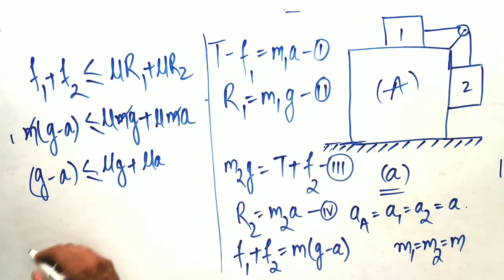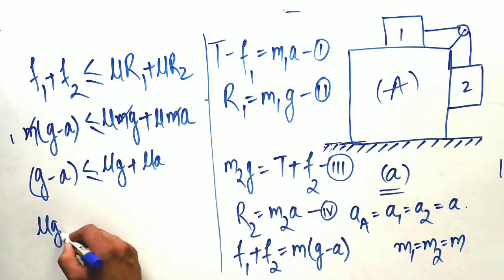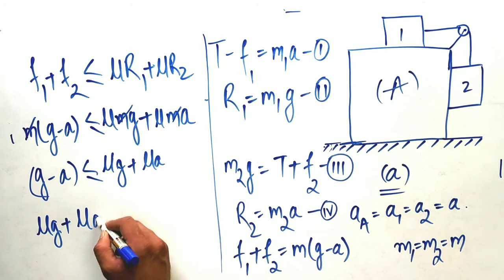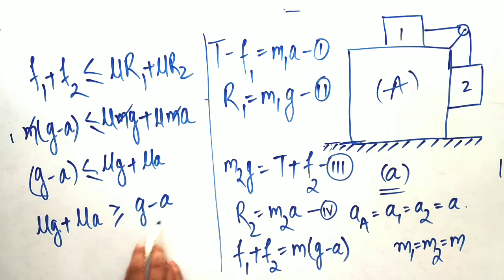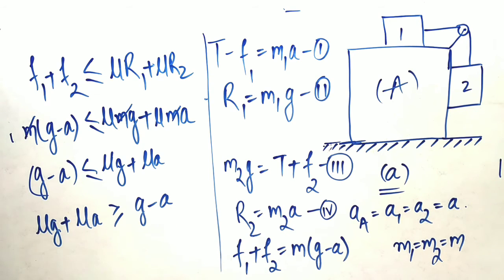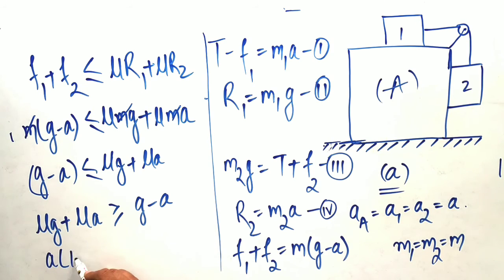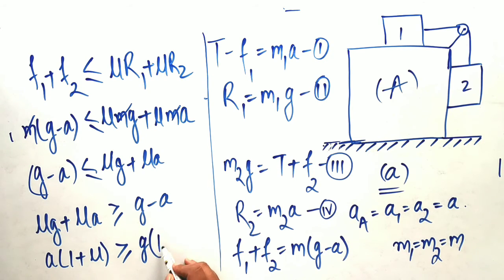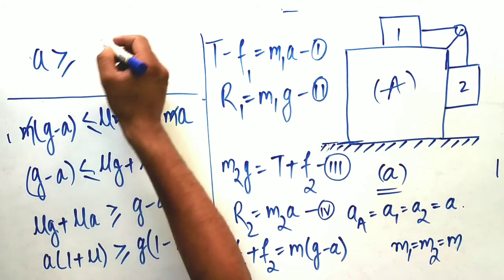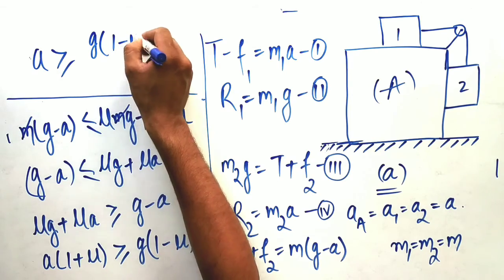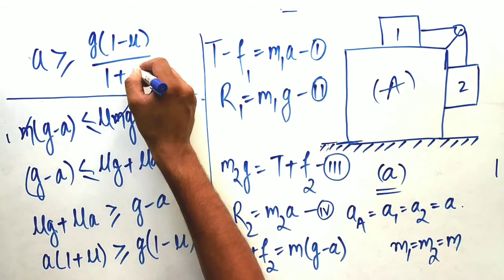This can also be written as mu g plus mu a is greater than or equal to g minus a. We'll bring a here and we'll take mu g to the right, which will give us a times 1 plus mu is greater than or equal to g times 1 minus mu. This gives us a is greater than or equal to g times 1 minus mu divided by 1 plus mu.